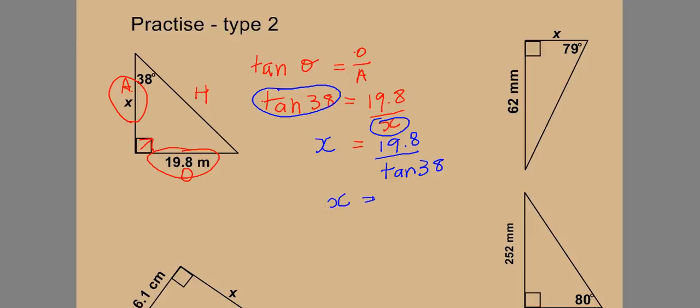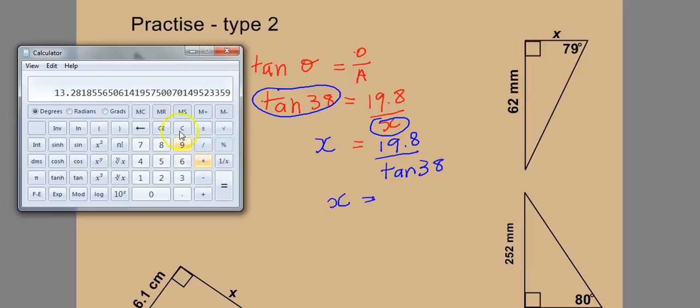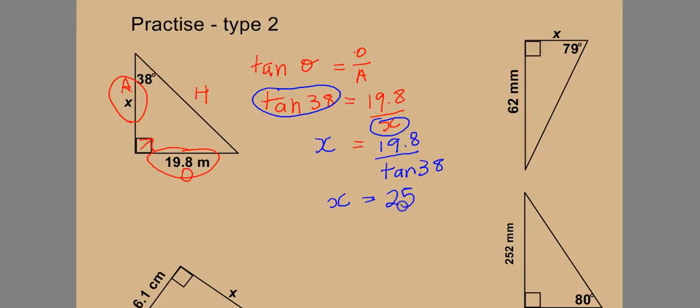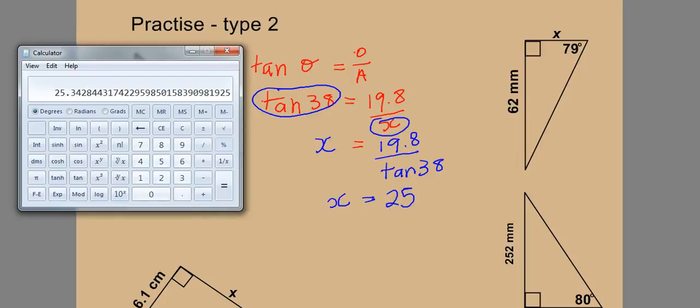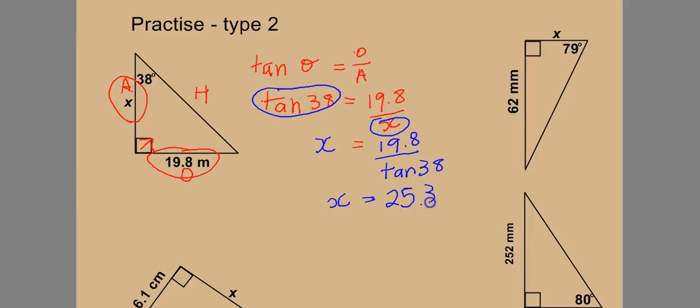Get our trusty, old-fashioned calculator out. 19.8 divided by, my calculator goes backwards, yours will go forwards, and equals, so 25 point, how many decimal places? We need 2 decimal places because there is 1 decimal place in the question. 25 point, should have paid attention to that, shouldn't I? 25.34 meters.